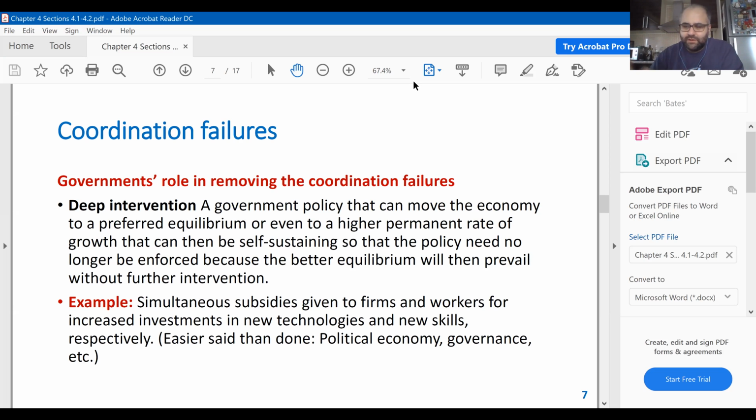What are your country's endowments? Okay, how complex these technologies are, etc. But in general, deep intervention requires affecting the incentives of many other types of agents in the economy, not just firms, or not just a small group of firms.